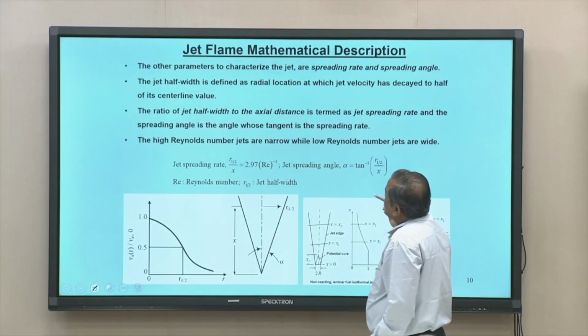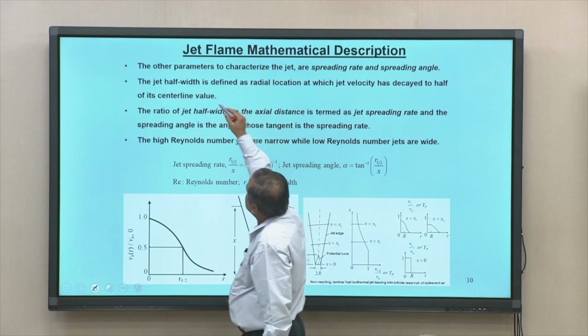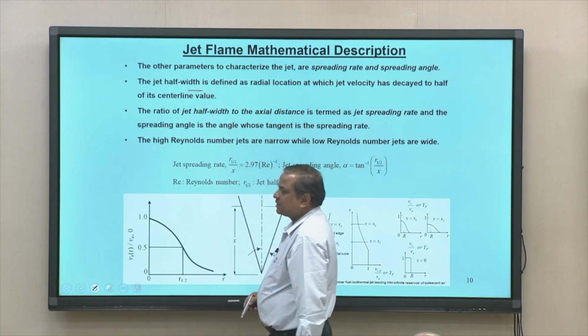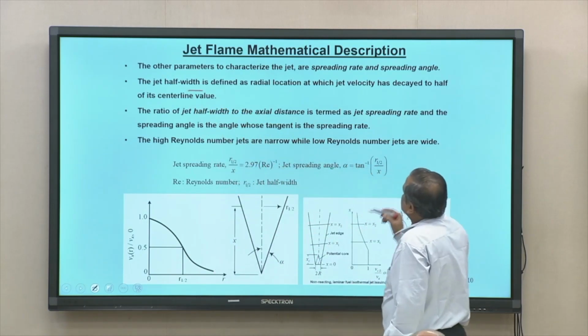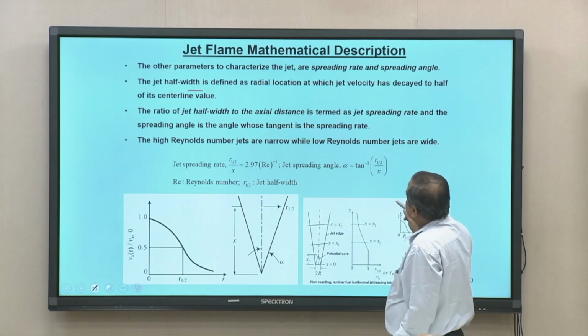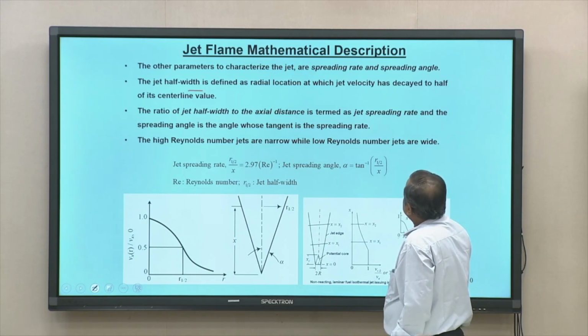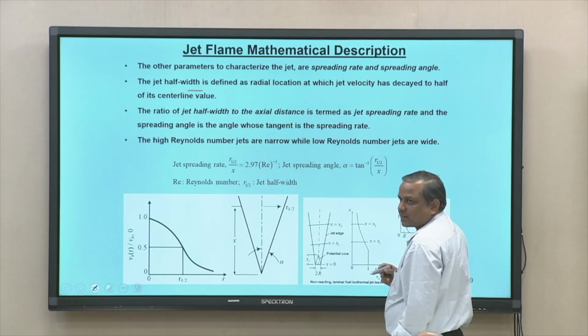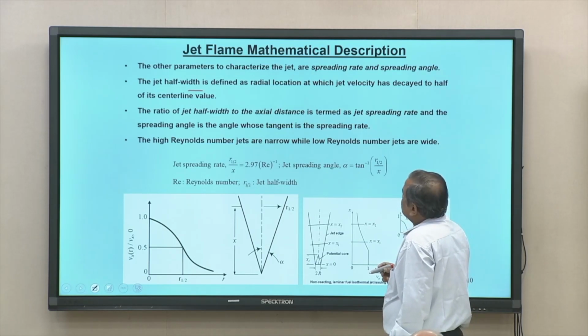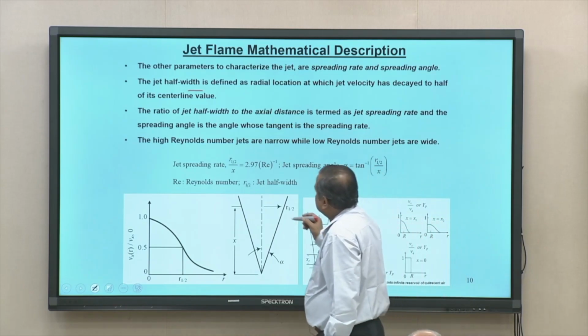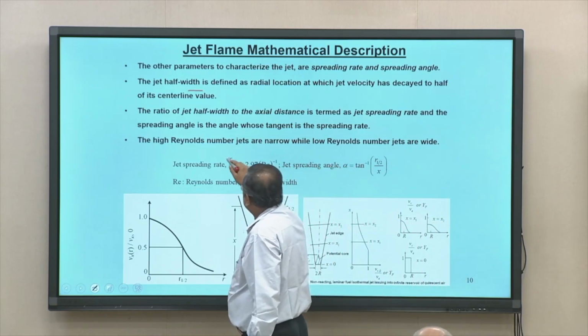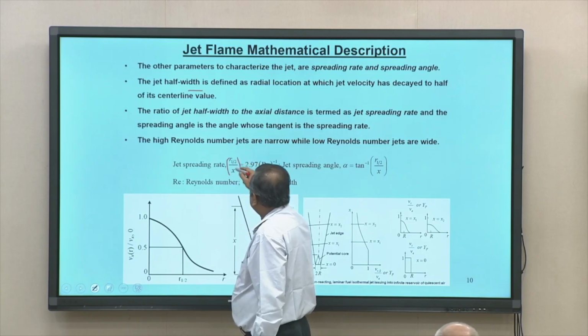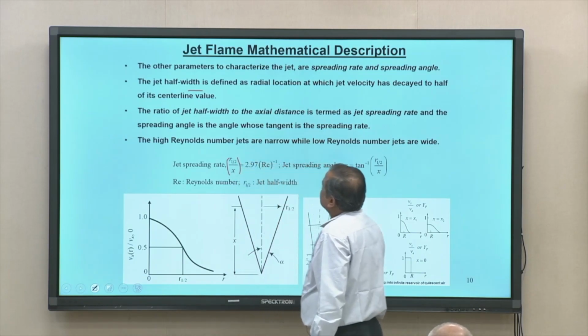To do that, we first have to find the jet half width. Jet half width is defined as the radial location at which the jet velocity has decayed to half of its central line velocity. So we find a parameter r half by x.